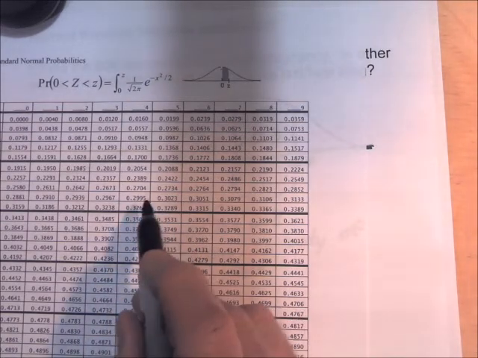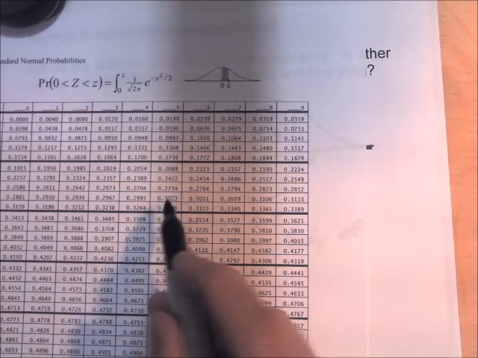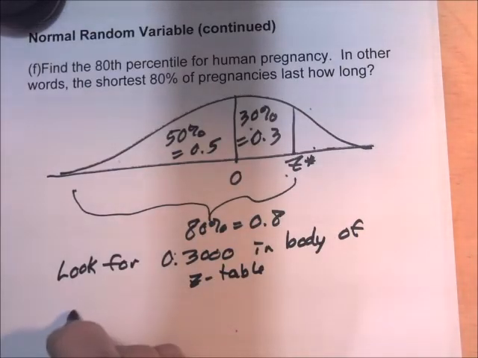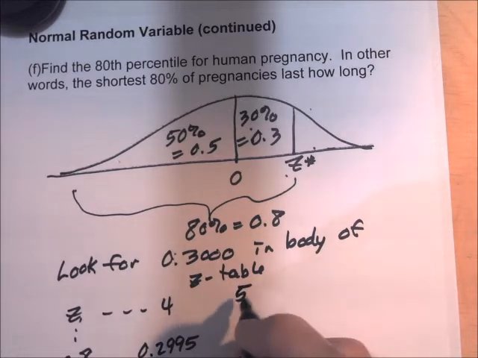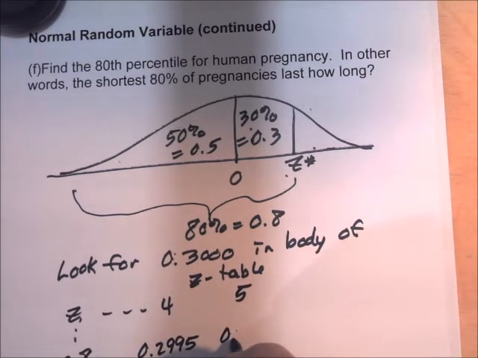It looks like the closest numbers to 3,000 are row 0.8, columns 4 and 5. So it's 0.8, and in column 4 we have 2995, and in column 5 we have 3023.